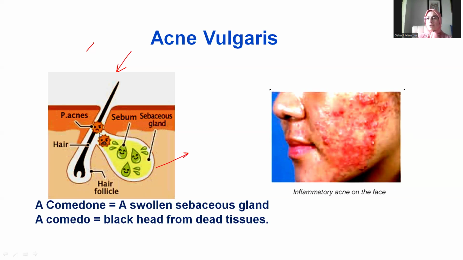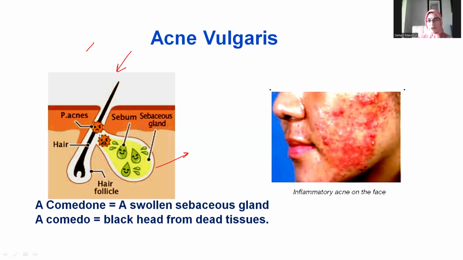But is it the only reason why sebaceous glands are blocked at puberty? No. The second reason is the changes that occur in sebum. Sebum increases in quantity, increases in thickness, increases in stickiness, and therefore this is a second factor, in addition to epidermal proliferation, that blocks the gland.